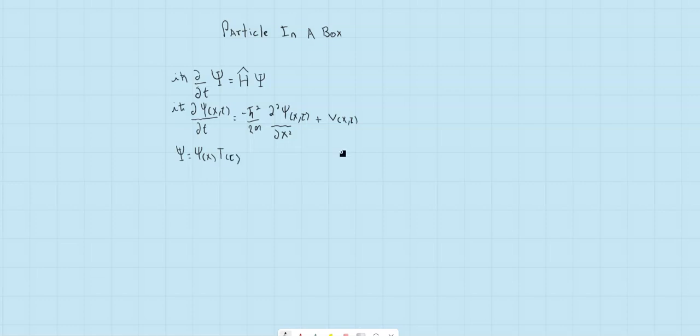And we're going to place it in the equation and see if it is a separable differential equation.